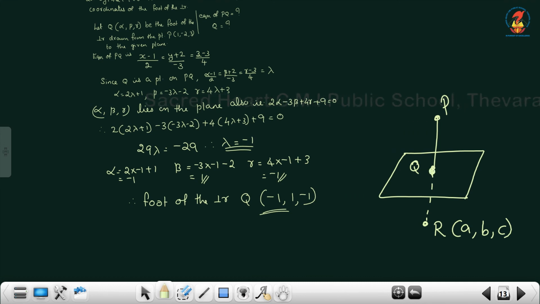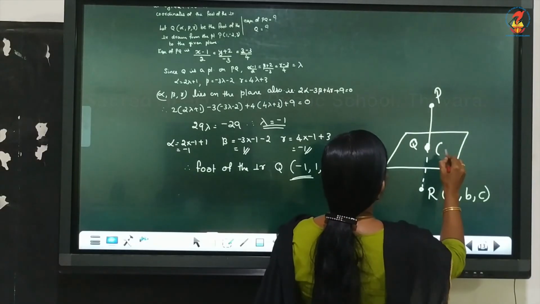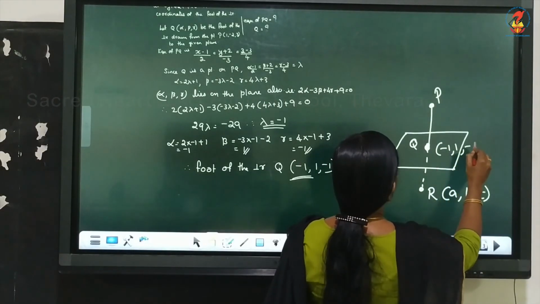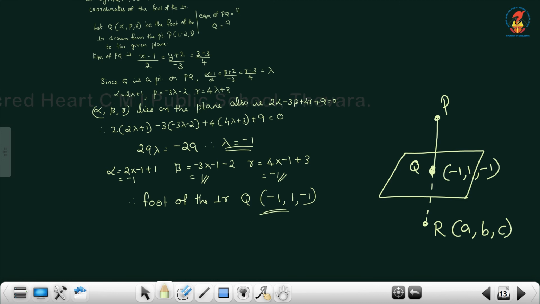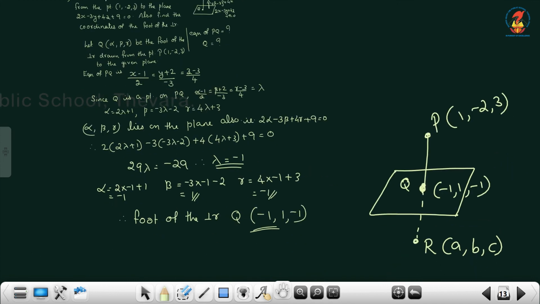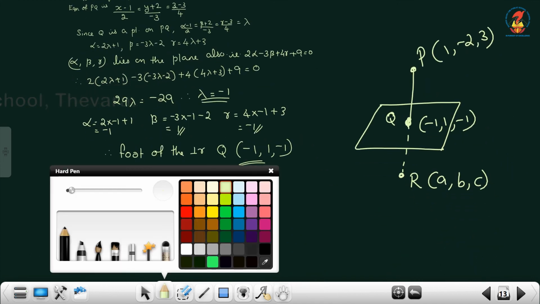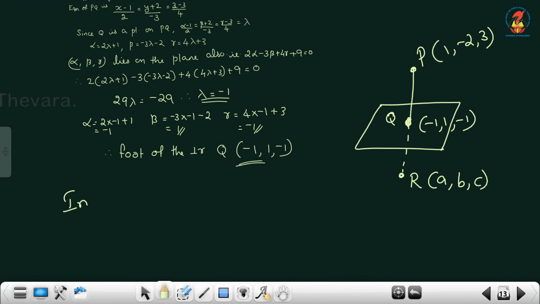So Q here is minus 1, 1, minus 1. And P is given, P is 1, minus 2, 3. Okay. So what is the image of P? It is not in the question, but in some questions this also will come.